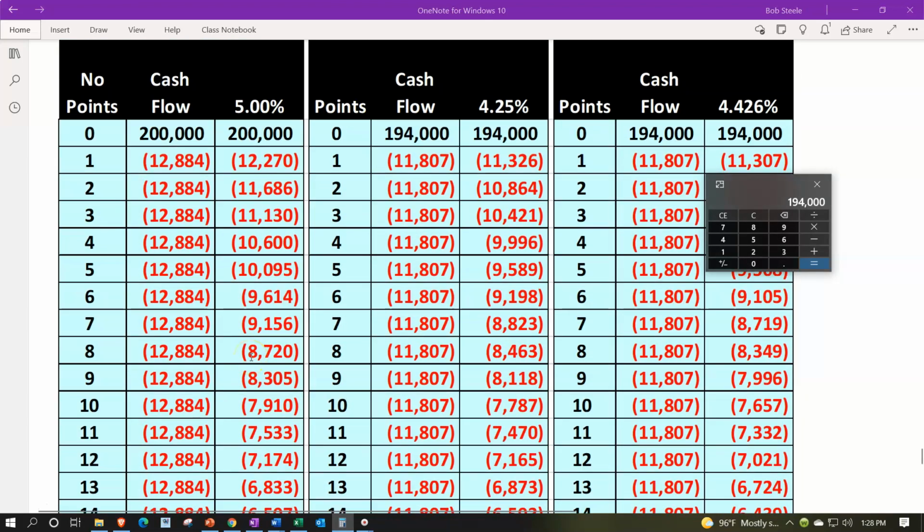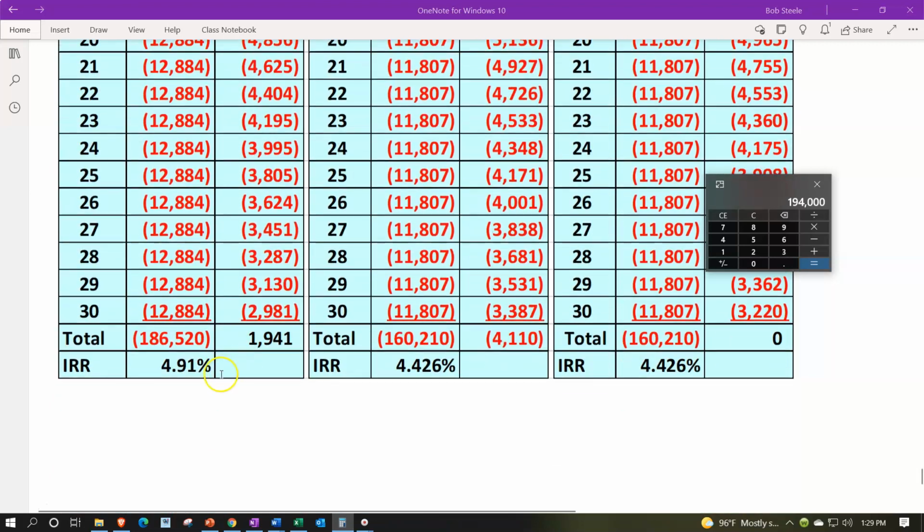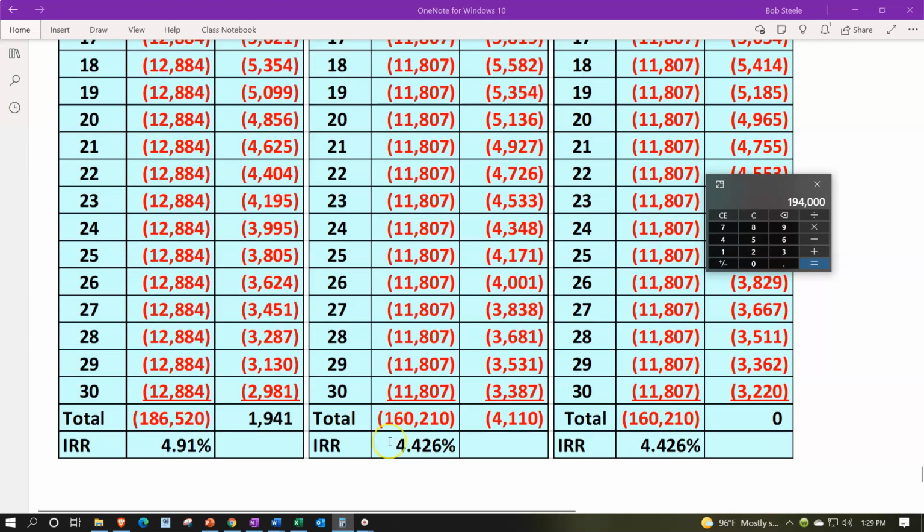So if we look at these three calculations just on a side-by-side, the first one, you would think this one was just to prove our tool. It would come up to 5%. It doesn't exactly because we're using years instead of months. It's not quite at 0 here due to the rounding. The second item here represents our calculation of the IRR after the points are being used.